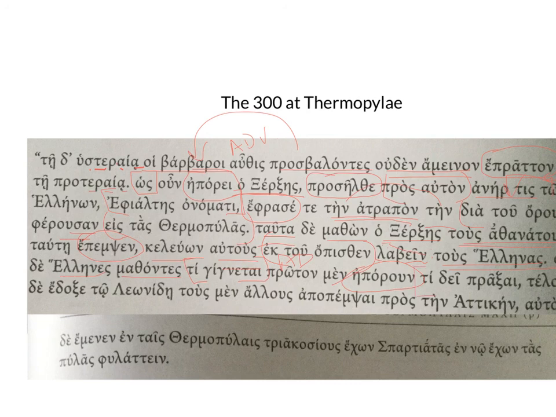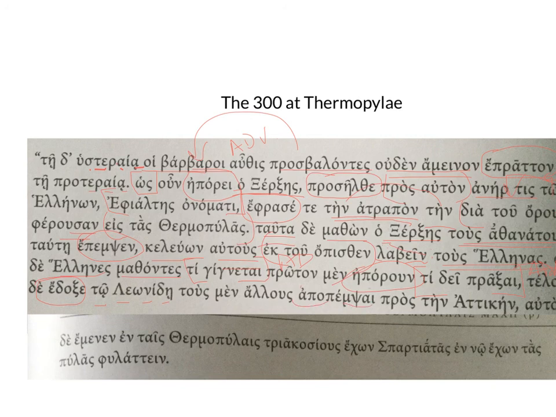And another indirect question. They were at a loss as to what it was necessary to do. Finally, we get an adverb, telos, meaning finally. But at last, edoxe, an impersonal verb, dokeo, it seemed best, here's another dative, to Leonidas, the king of the Spartans and their leader at Thermopylae, it seemed best to Leonidas to what?